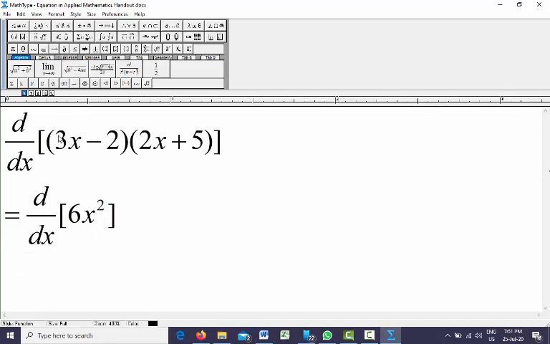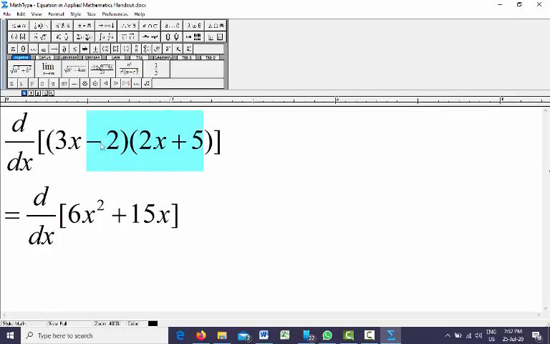We multiply this 3x with this 2x, so we get 6x square, and then we multiply this 3x with this 5, so we get 15x. Now we will multiply the other one.